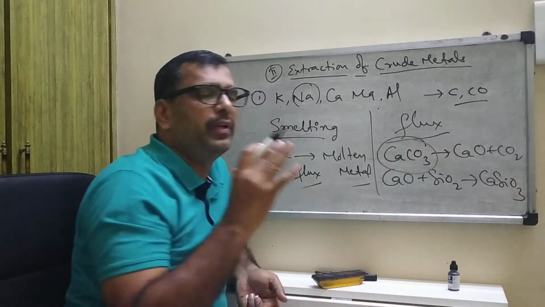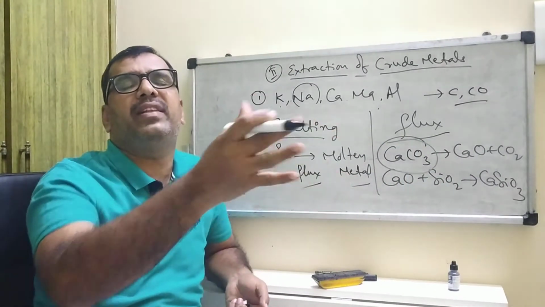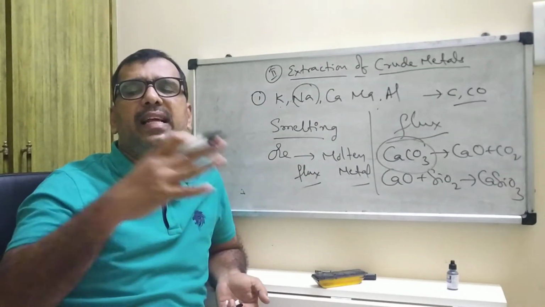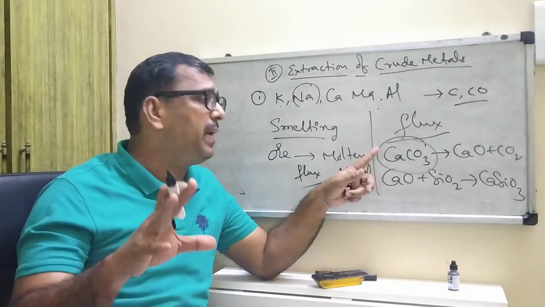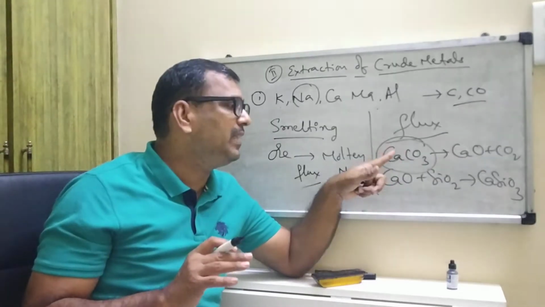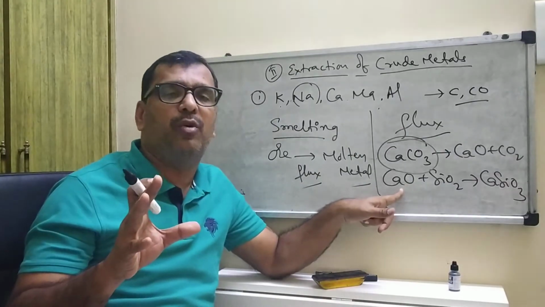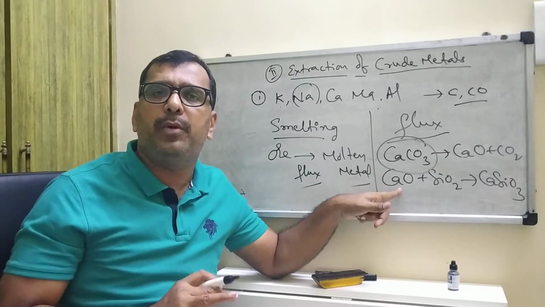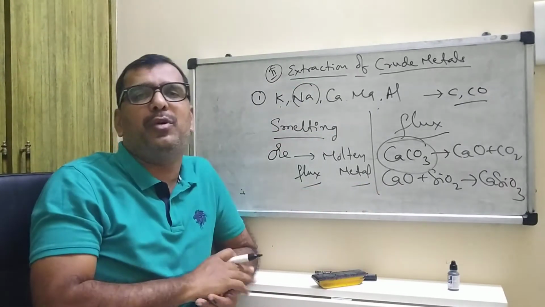Suppose here is a policeman: when he combines with thieves, they are separated. These impure particles combine only with impurities. CaCO3 is converted into CaO, and this CaO combines only with impurity, not the pure metal, so that the metal will become pure.